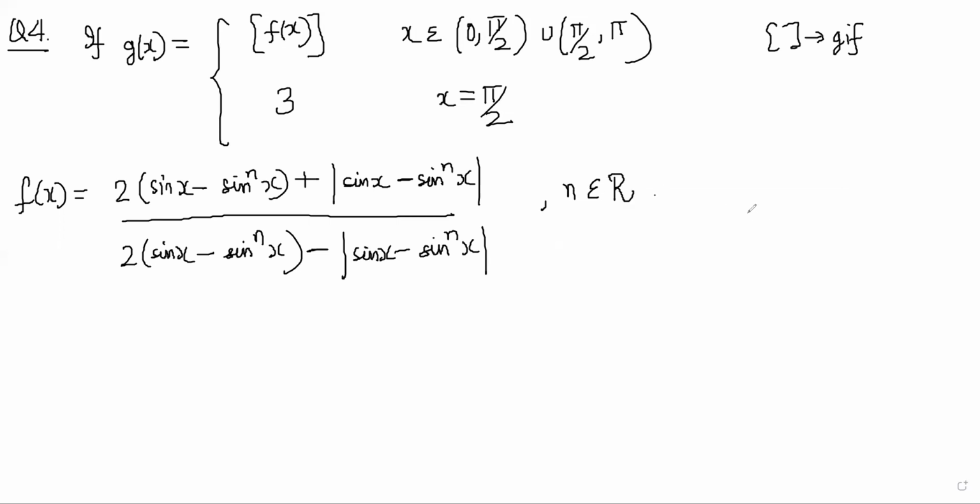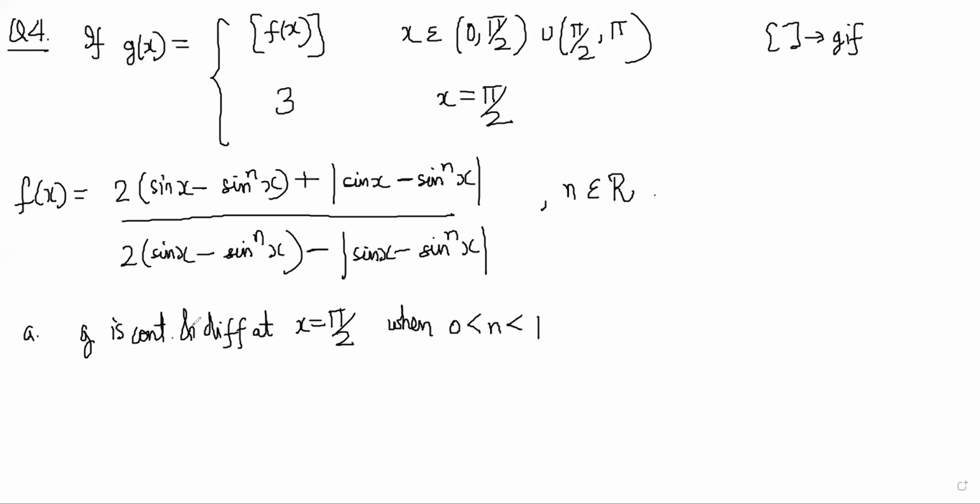Now what you have to find, there are 4 options. One is saying g is continuous and differentiable at x is equal to pi by 2 when 0 is less than n is less than 1. B option is the same statement till here, but when n is greater than 1.